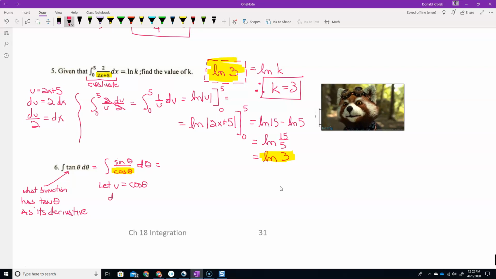I'm going to do the derivative of both sides. The derivative of cosine is negative sine. And then I'm going to divide by negative sine theta.